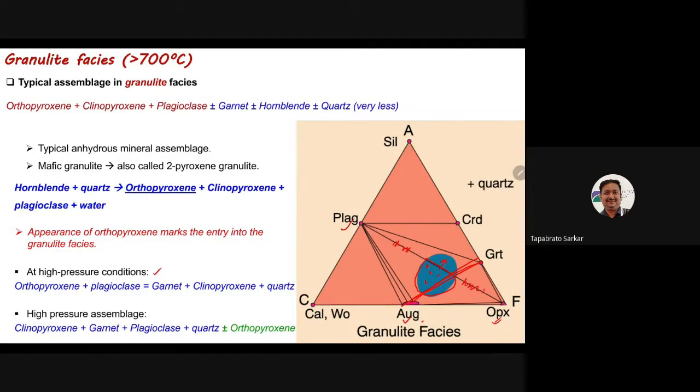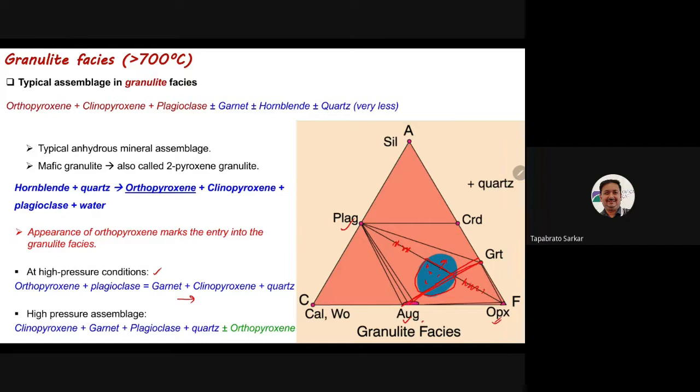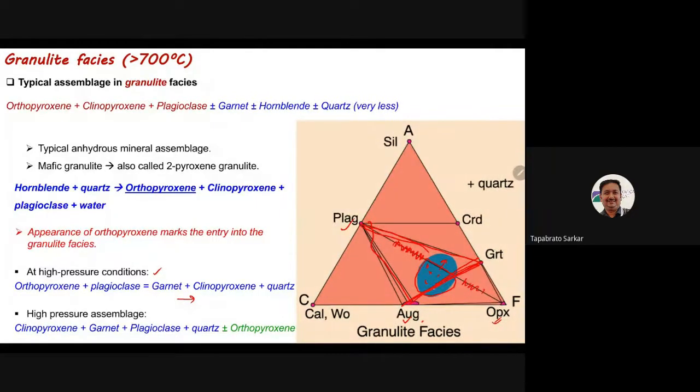Then OPX plus plagioclase can react to form clinopyroxene and garnet. Now if you are on the right side of the reaction, where OPX and plagioclase are completely gone, then this black line is not there. Then we have a triangle like this. So you see, the majority of the bulk composition out here lies within CPX, plagioclase, and garnet.